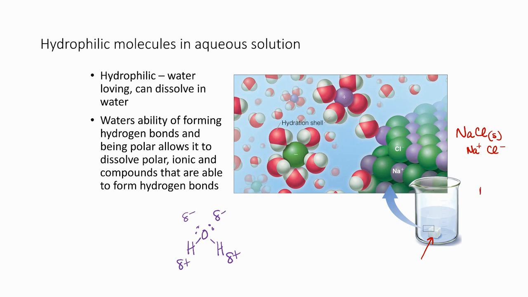For every one sodium ion, there are 6 chlorides that surround it. It's not bonds like I'm showing here. I'll draw it like this. They're attracted through a tight ionic bond. And then every chloride has 6 sodiums. So this wonderful graphic here with the green and purple, the green is chloride ions and the sodium ions purple.